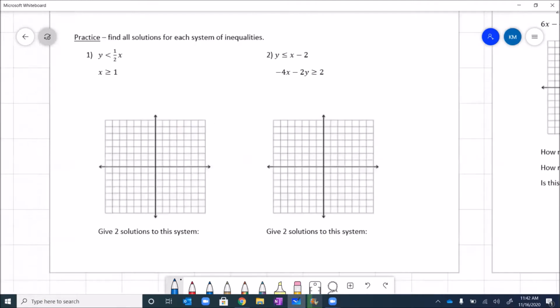So here we're given the system y is less than 1/2 x, and x is greater than or equal to 1. So I'll do this in those colors. Okay, so y is less than 1/2 x. Our y-intercept is at 0. 1/2 x is up 1 over 2, up 1 over 2, down 1 left 2, down 1 left 2.